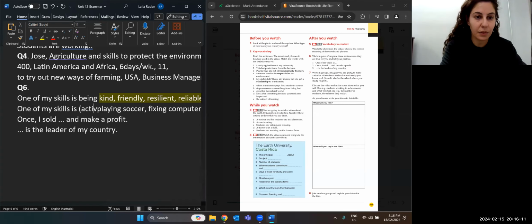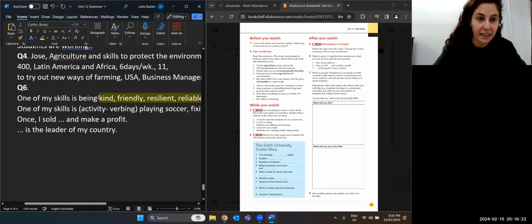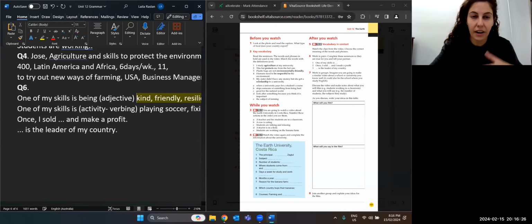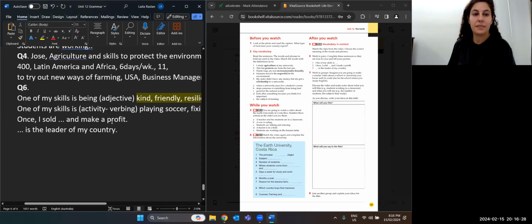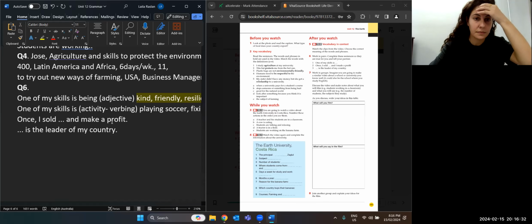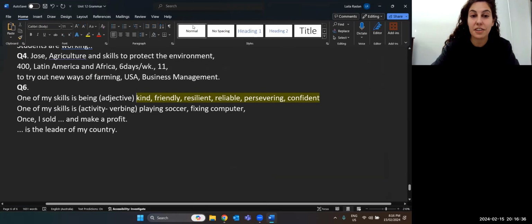So I'll put in here when it's the activity, then you go straight for the verb with the ing. But then this one is being, and then you got the adjective because you want to describe something. Why the verb being in ID? Because it's not the first verb. It's not the first action.